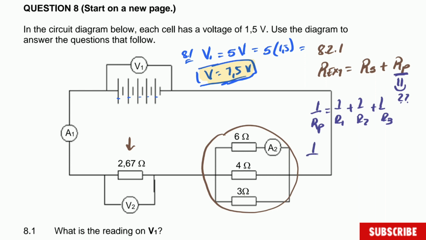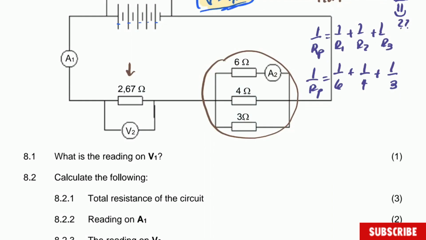So we are going to substitute, guys, quite simple. It's 1 divided by 6 plus 1 divided by 4 plus 1 divided by 3. Now when you solve that, you get that 1 divided by RP is going to be equal to 3/4.